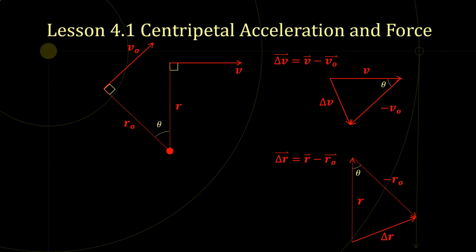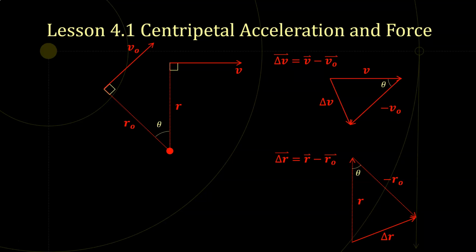Let's go ahead and do some math with these triangles using geometry. These are similar triangles, aren't they? Because they're isosceles triangles with the same top angle. So we know v is not equal to r, negative vo is not equal to negative ro, but they have to have a correspondence to one another because they're sides on a similar triangle.